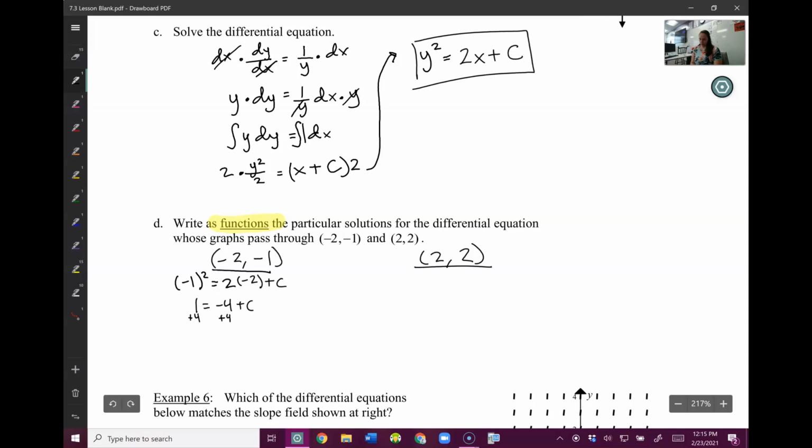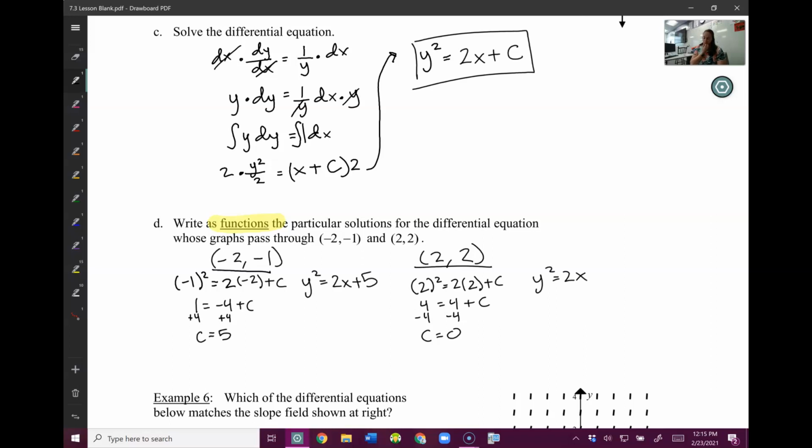So c is going to be 5. So this one I get y squared equals 2x plus 5. This one, I got 2, 2, so I get 2 squared equals 2 times 2 plus c. So this one, c equals 0, so I get y squared equals 2x.